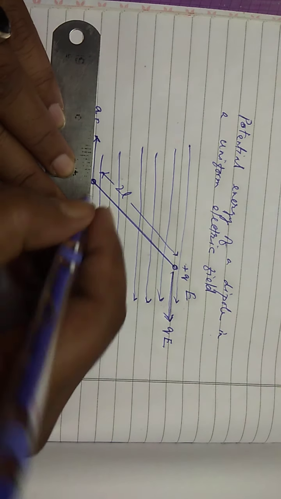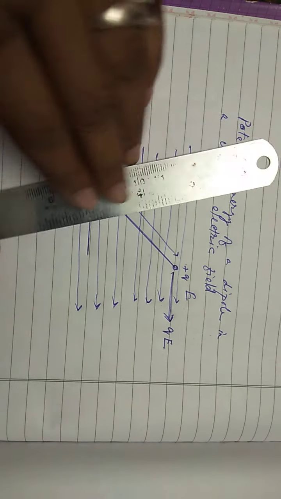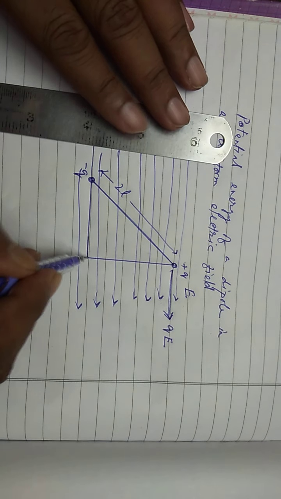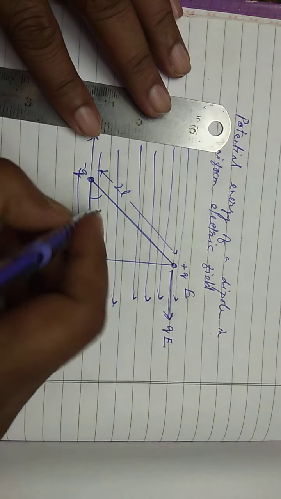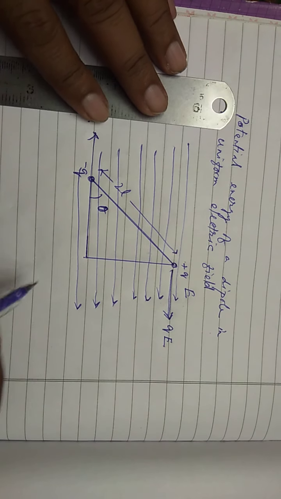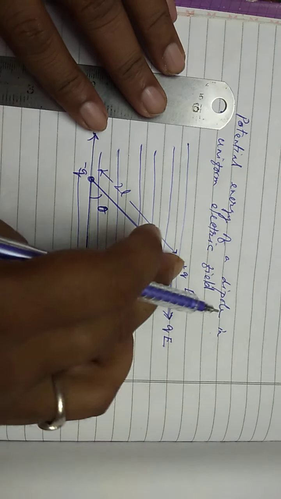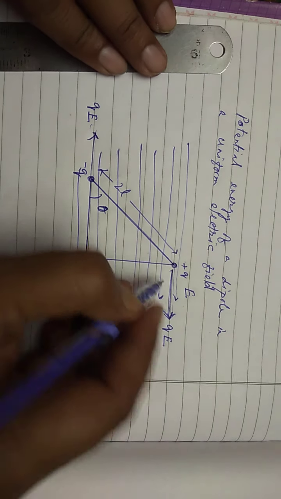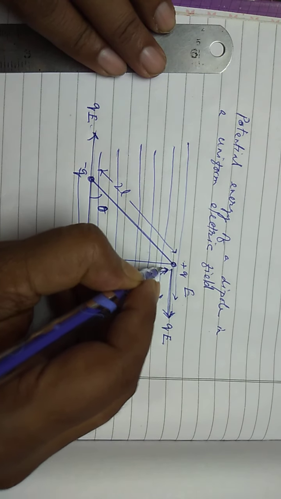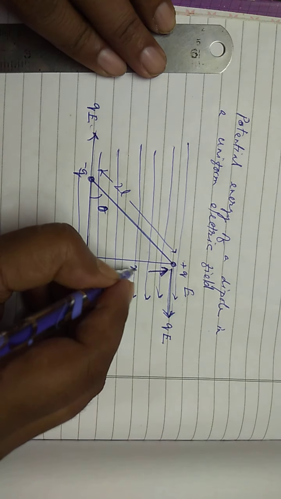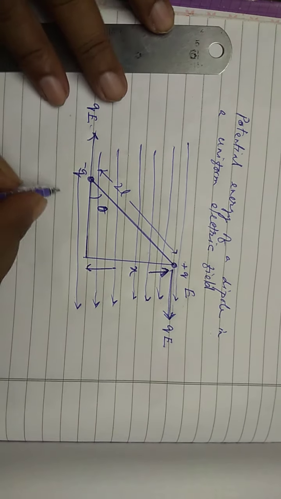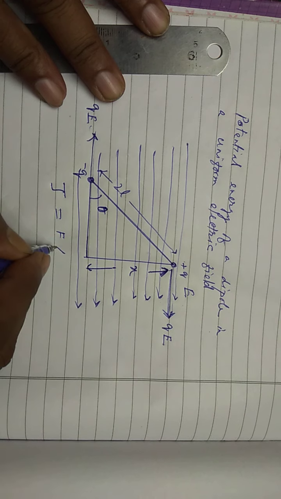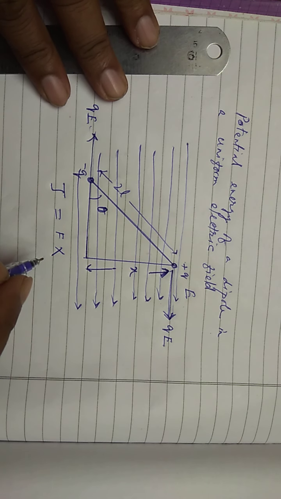So these are two equal and opposite forces acting at two different points, and they will create a torque. If this dipole is making an angle theta, then the perpendicular distance between these two forces, one force QE here and another force QE here, let us consider this distance to be x. So torque is going to be force cross the perpendicular distance.